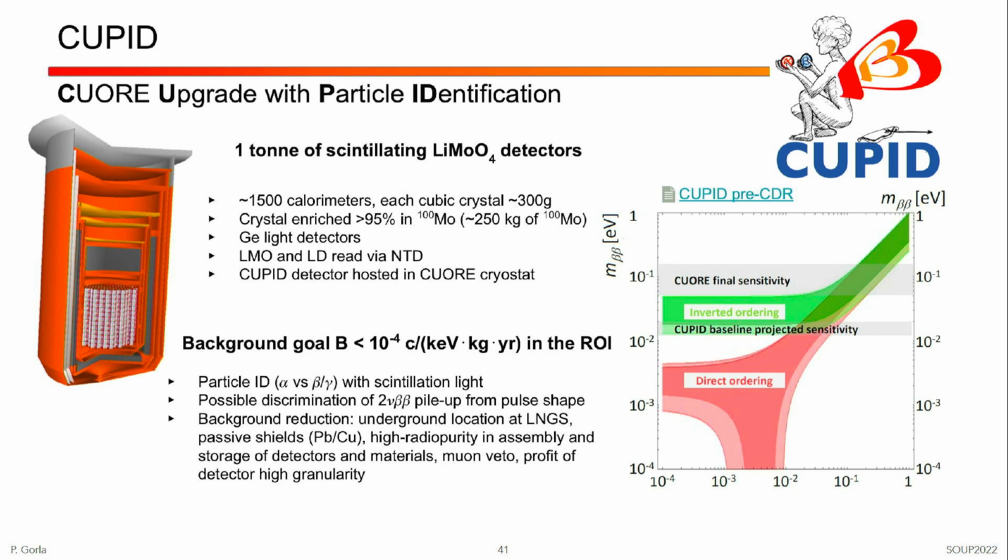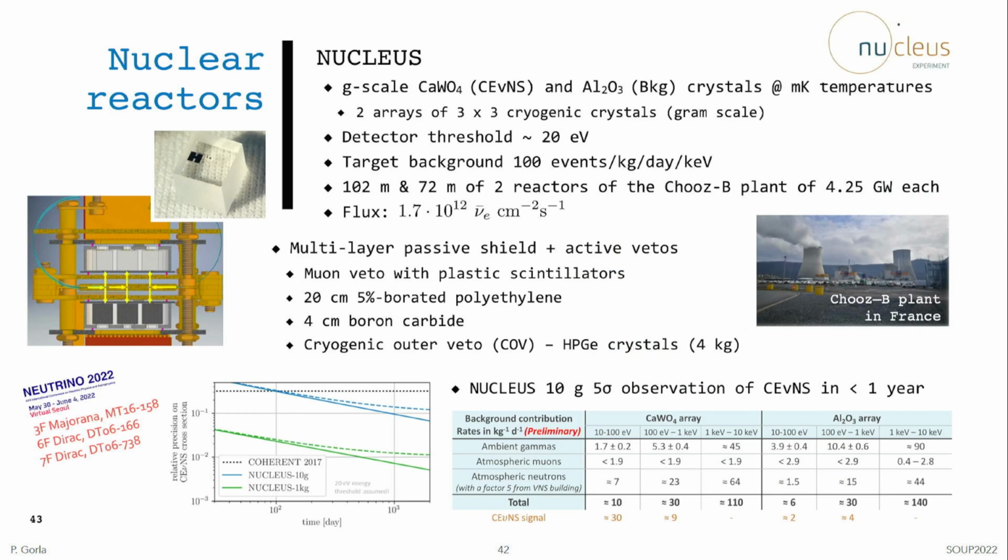One will be here, it's Cupid, it's the upgrade of Quare with scintillating detector, so adding scintillation features using lithium molybdate crystal to Quare to boost the Quare sensitivity. One other very interesting project is Nucleus, that is using the CREST technology to measure neutrino nucleus coherent scattering, and again can profit for this kind of detection, the low threshold is the crucial parameter.